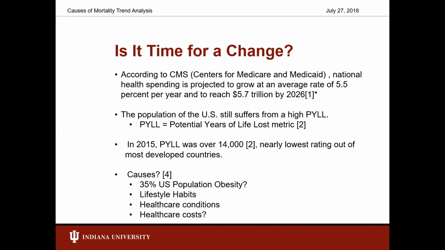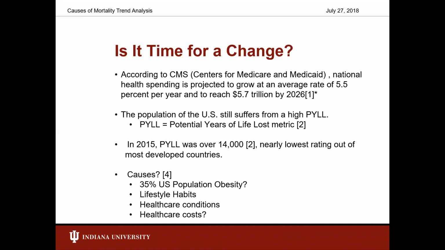However, even though we've come a long way in terms of healthcare and preventative awareness over the last few decades, the population of the US still suffers from a staggeringly high PYLL, which is a metric for calculating the potential years of life lost. In 2015 alone, according to the OECD, the Organization for Economic Cooperation and Development, the US had a PYLL of over 14,000.